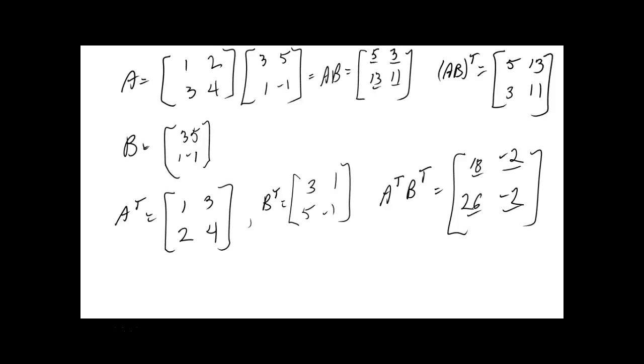Well, let's try a different combination. Let's do B transpose, A transpose. Okay? Now, I was doing this before you came in. That is, this row by those columns. Can you do that?